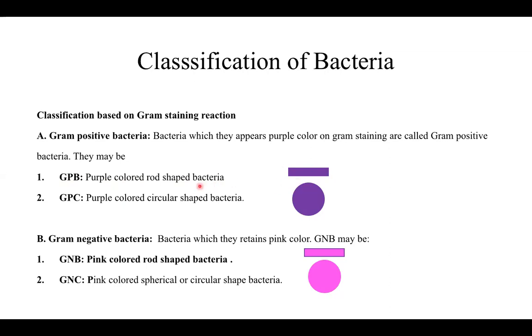Again, purple colored, rod shaped bacteria are known as Gram positive bacilli.